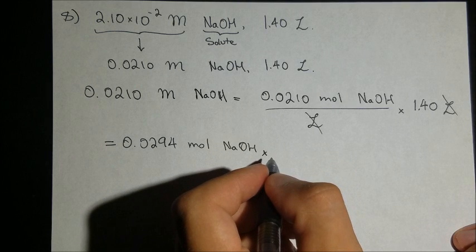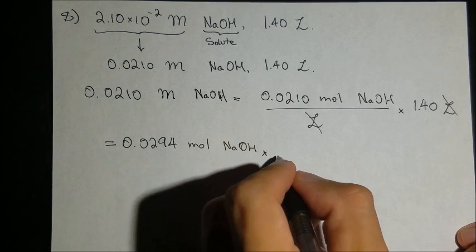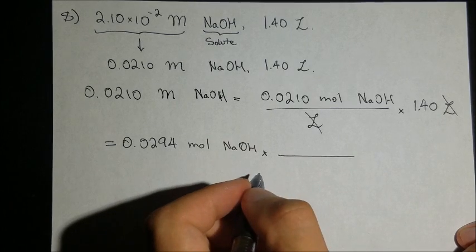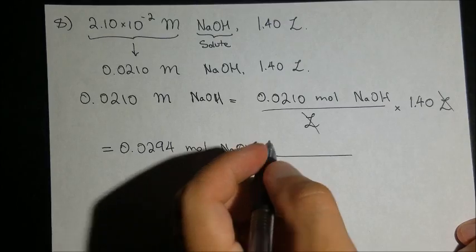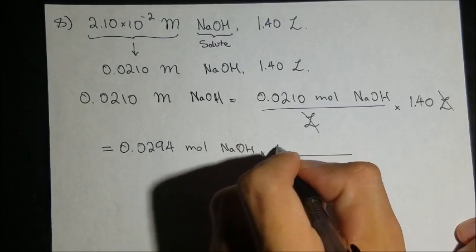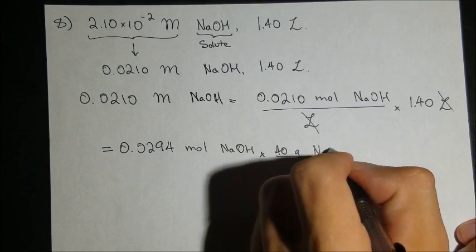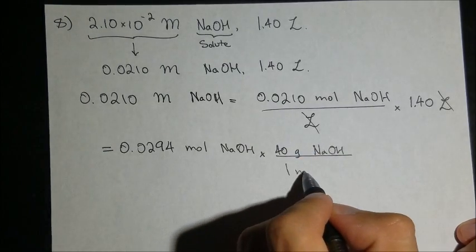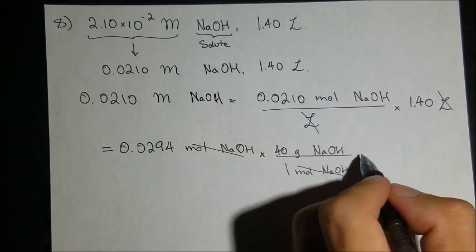And since the question is asking us to determine the number of grams of sodium hydroxide we need, we just simply convert this mole quantity into grams. From the periodic table, a mole of sodium hydroxide weighs 40 grams. So my moles cancel.